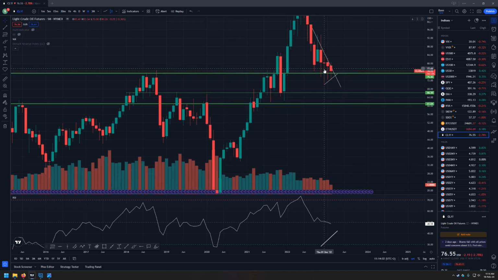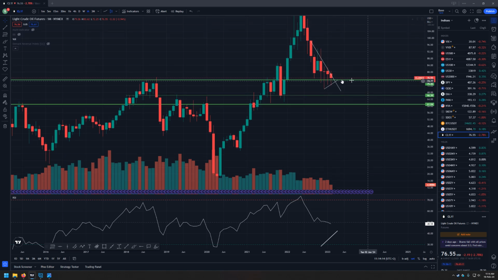This is a very bullish looking chart if we don't make this a full body red candle that closes below 75. If this stays like this, we're very close to oil going crazy again, a maximum of 3 months away.